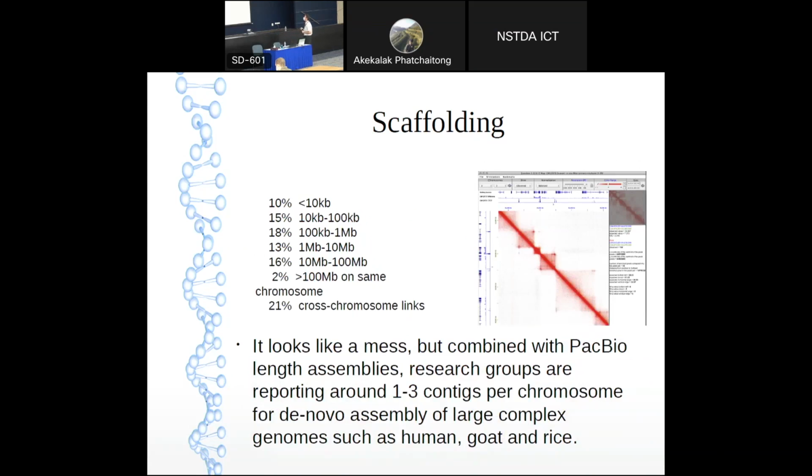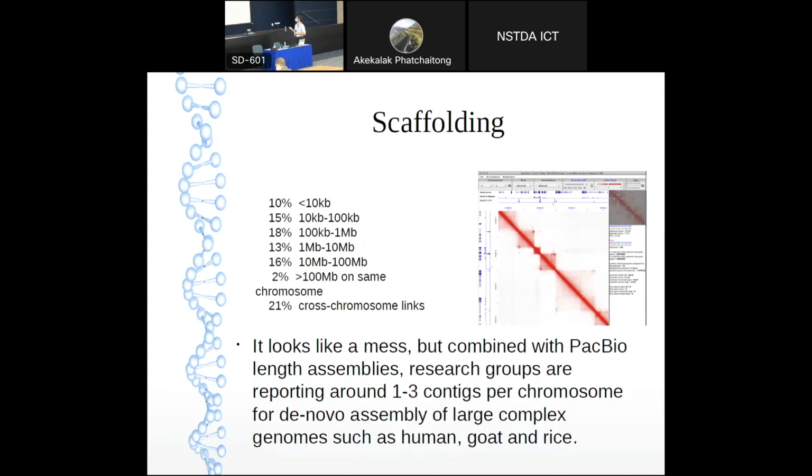So the statistical problem that I mentioned: about 10% of the time, DNA that's found linked together by this method will be less than 10 kilobases apart. About 15% of the time, it will be within 10 to 100 kilobases.